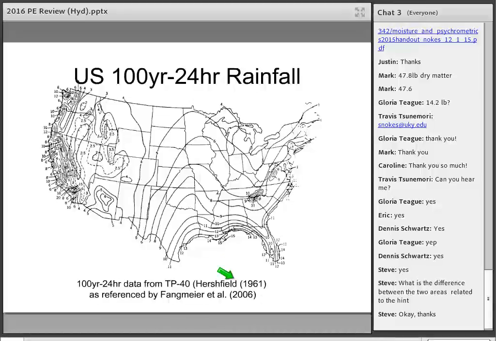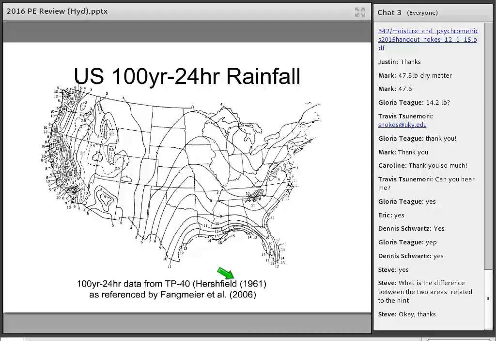It's been updated. You can go on the web now and get it electronically instead of by map. But back then it was literally a book with map after map after map.